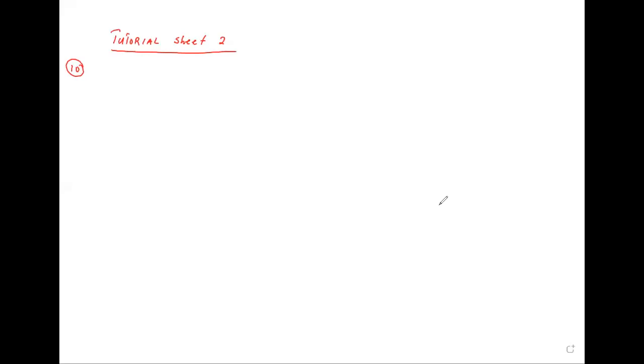So question 10 of 32. It reads, the CDF of a continuous random variable x is given by, so we're now dealing with a CDF, the cumulative distribution function, F of x.